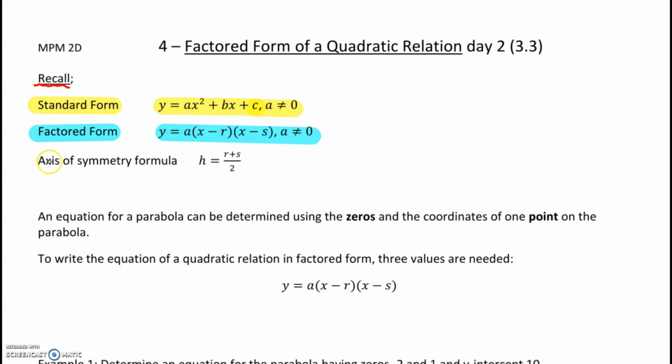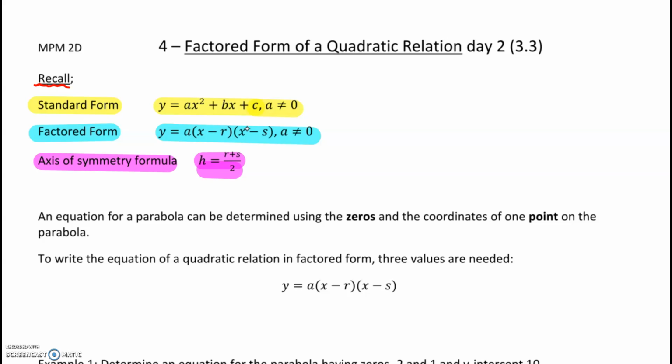And we also learned the axis of symmetry formula, which is h equals (r plus s) divided by 2. And we remember that r and s are the zeros from factored form, or the zeros that we can get off the graph of a quadratic relation.